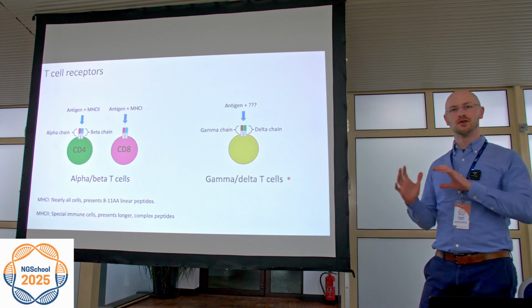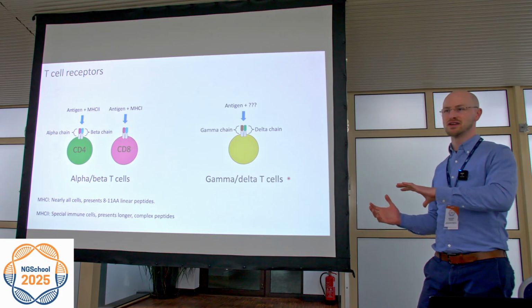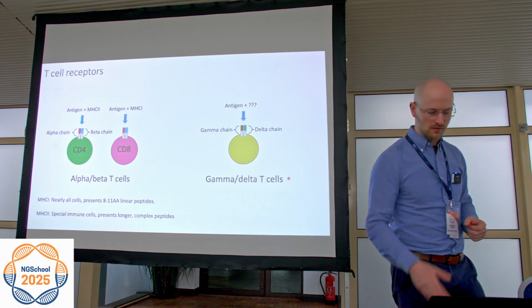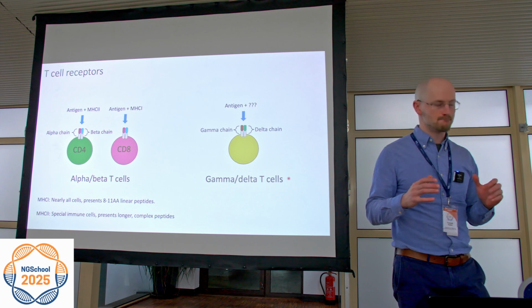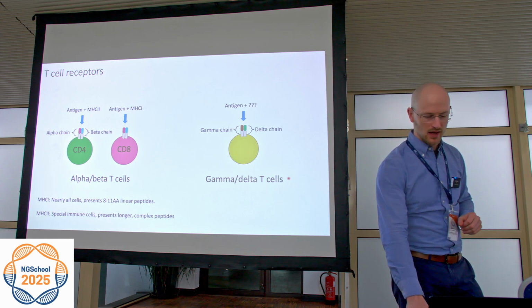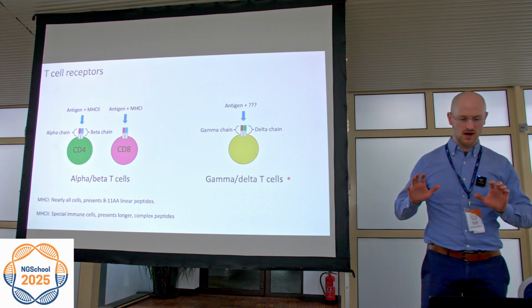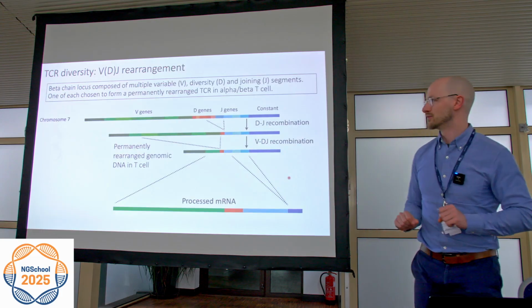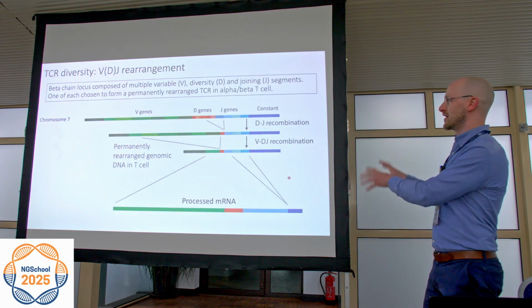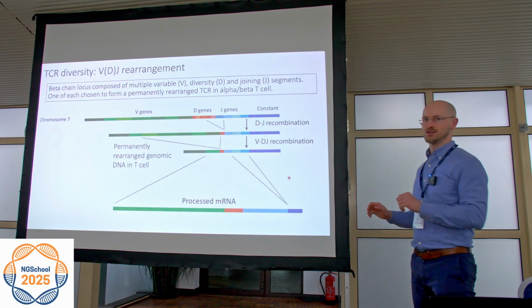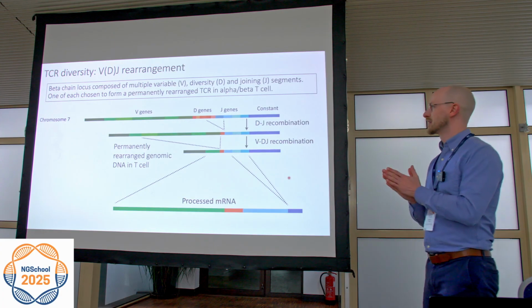It seems like they don't actually need antigen to be presented on MHC. Generally, their function and role within the immune system is a lot less well known. And like most lectures on this topic, I will mention their existence and not really talk about them again. So all of what I'm going to talk about after this is just alpha beta T cells.